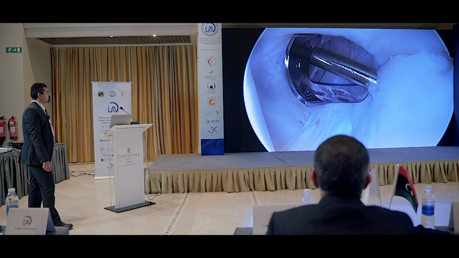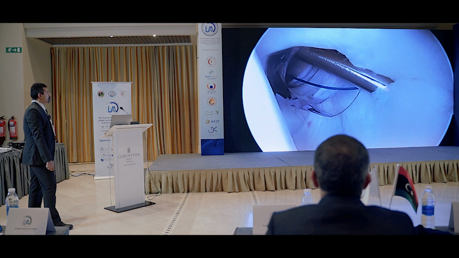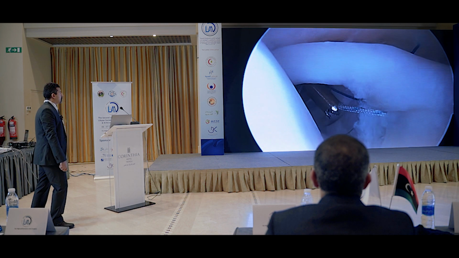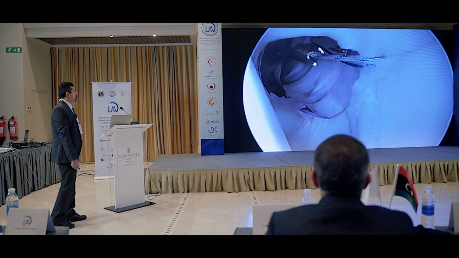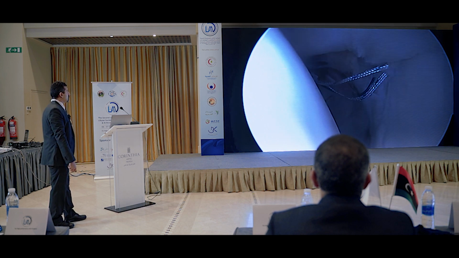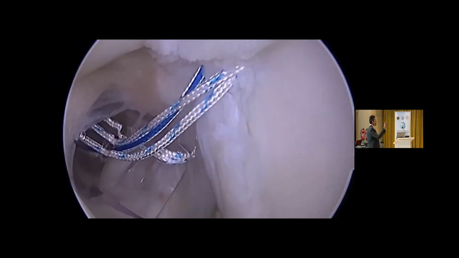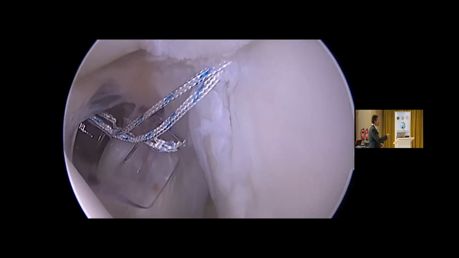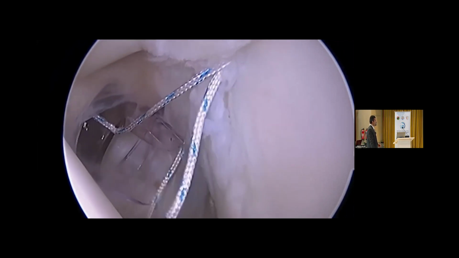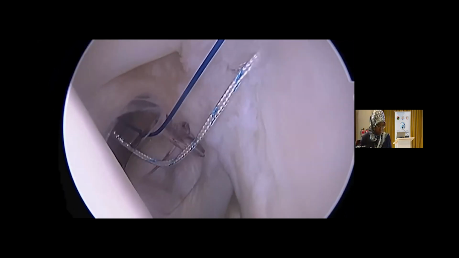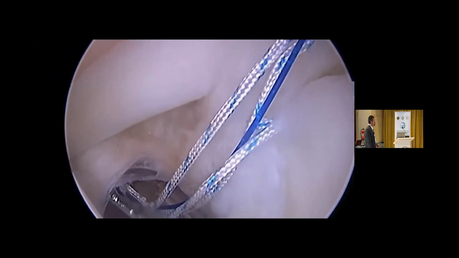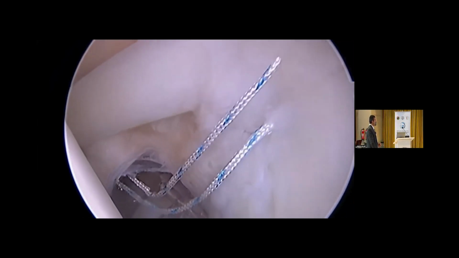Then the anchor comes from anterior, then you tie one of the sutures of the anchor with the shuttling suture outside, and then you drag the shuttling suture out, so the suture of the anchor comes from the Neviaser portal behind the long head of the biceps and into the superior labrum.